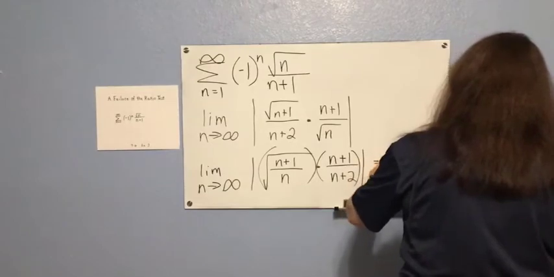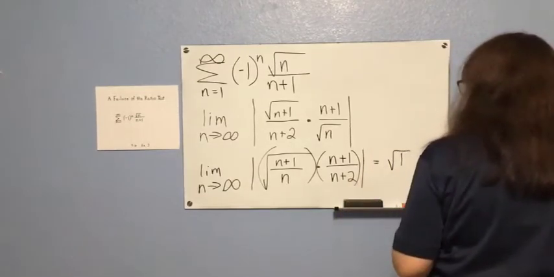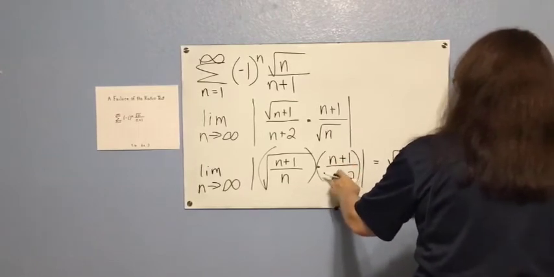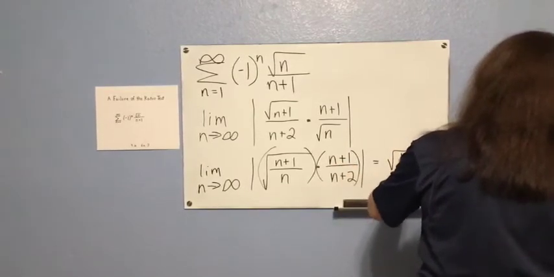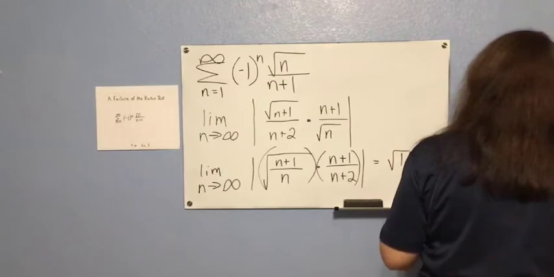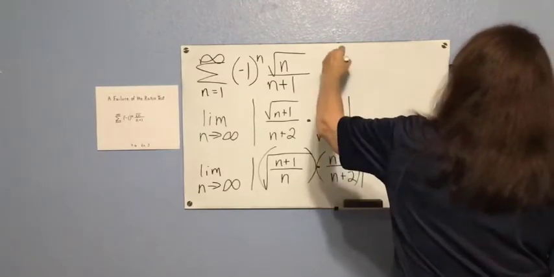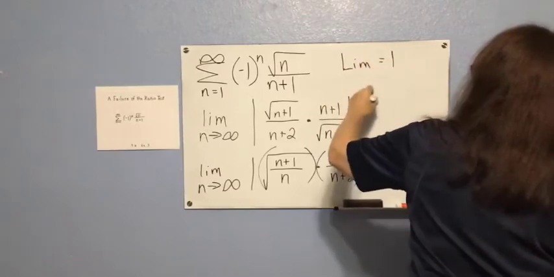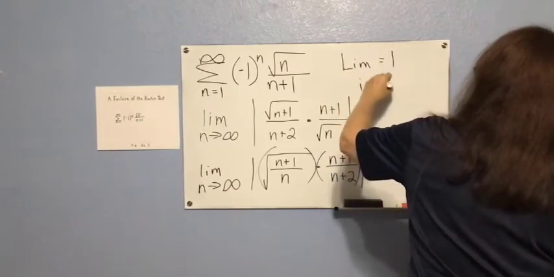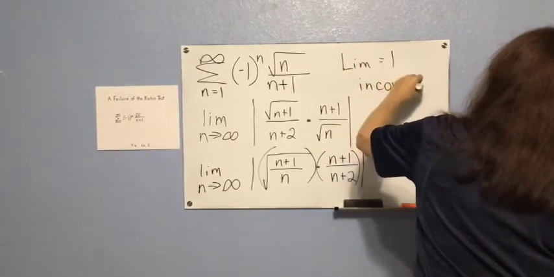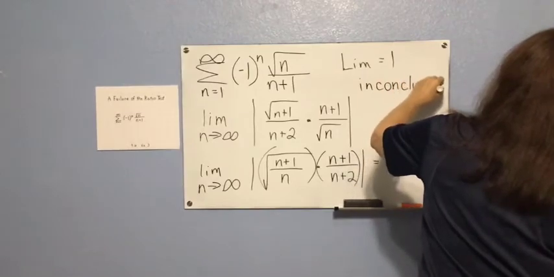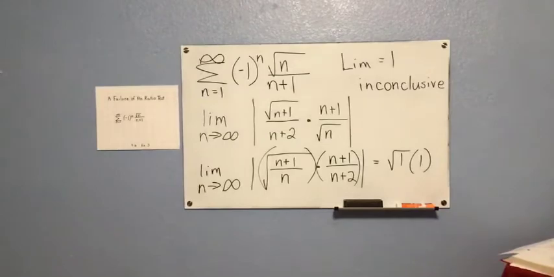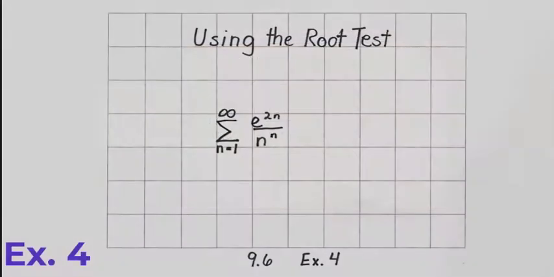So I'm going to have the square root of 1. And here I'm going to have infinity plus 1 divided by infinity plus 2, which is essentially 1. So the limit equals 1, which means it is inconclusive. Okay, this test did not help us for this particular series.